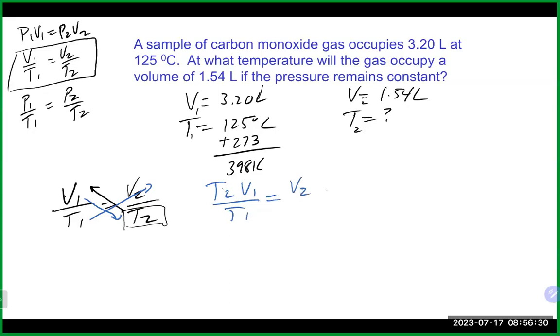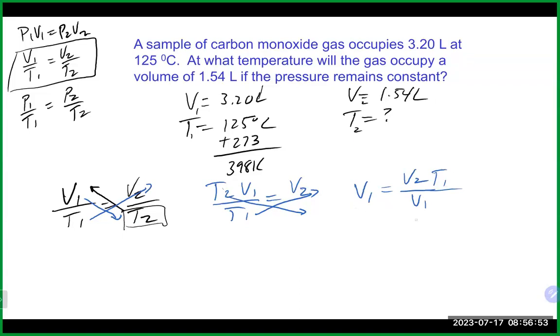T2 equals V2, and then we're going to bring over the other ones across, which gives us T2 equal to V2 times T1 over V1, with V1 and T1 on the bottom and top there. So we got our equation rearranged correctly.